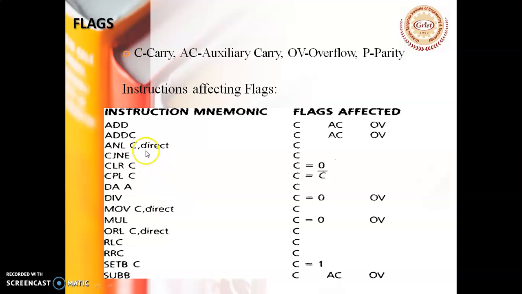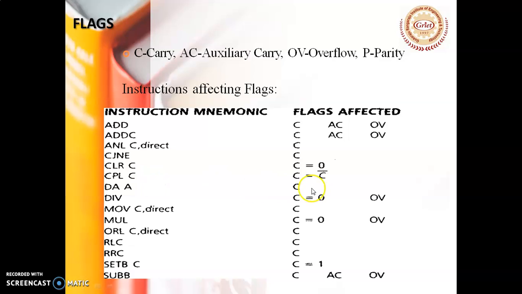And if you see the flags here, when you perform the addition operation, these flags are going to get affected. When you perform ADDC operations, these flags are affected. ANL, that is AND, which we have discussed, ANL C, direct address, affects this particular flag. The jump instructions we will talk about in the next session. Clearing the carry flag bit affects the carry flag. Complementing the carry flag bit, CPL C, also affects the carry flag.